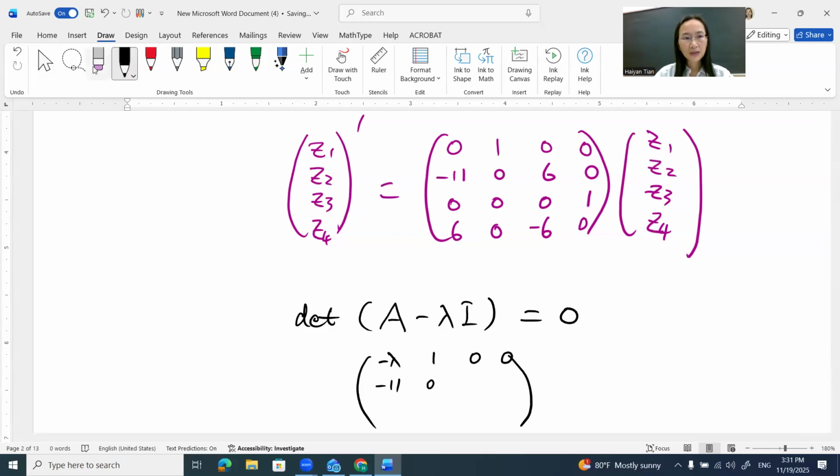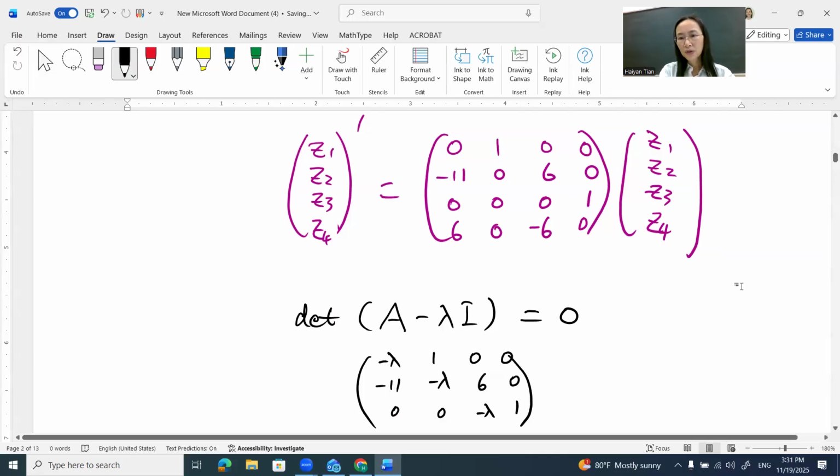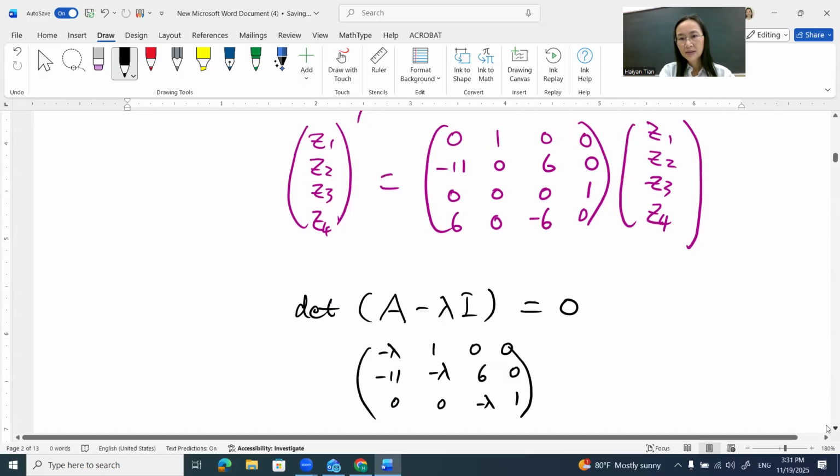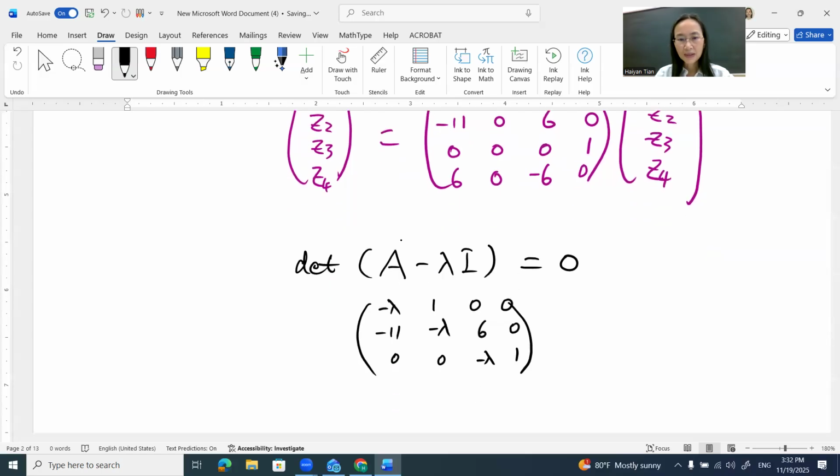The second diagonal entry minus lambda. And the third diagonal entry minus lambda. And then one more, keeping the last row, and 0 minus lambda. So we see this is A minus lambda I.